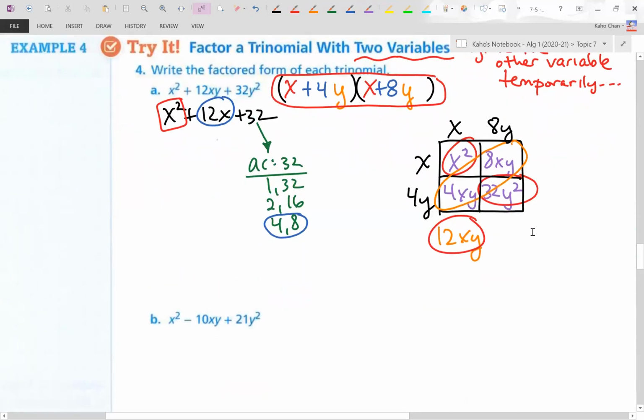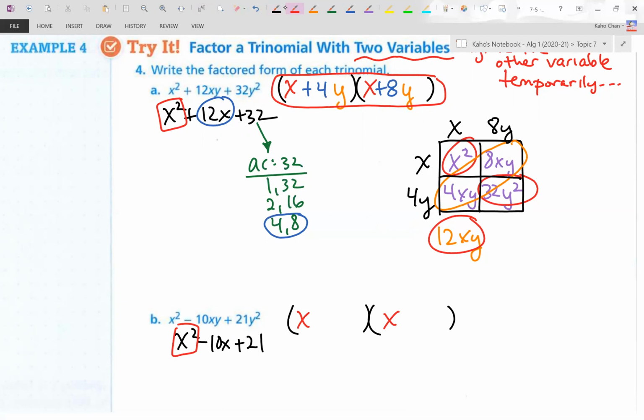Letter B, I'm going to do the same thing. Ignore the letter y, the second variable. It's just so much easier. Oh, this is a minus plus situation. Fine. There's only one way to get x squared, of course. That's x times x. Nice. 21. This is a minus plus where both my terms have to be negative, right?